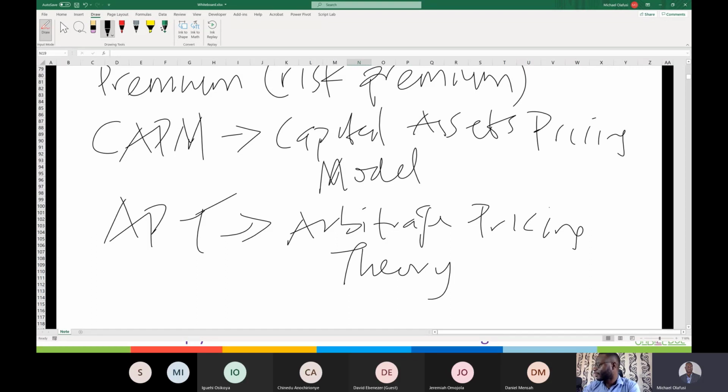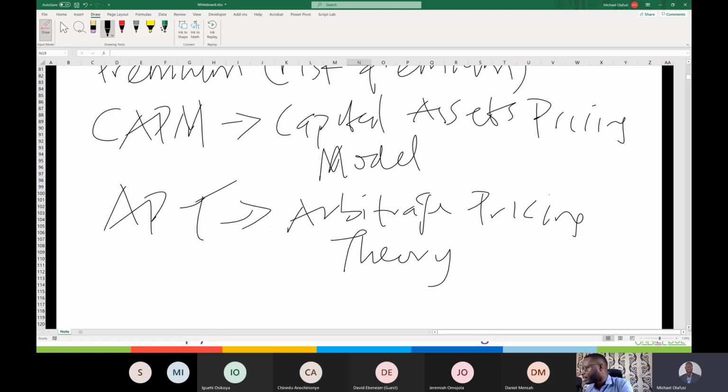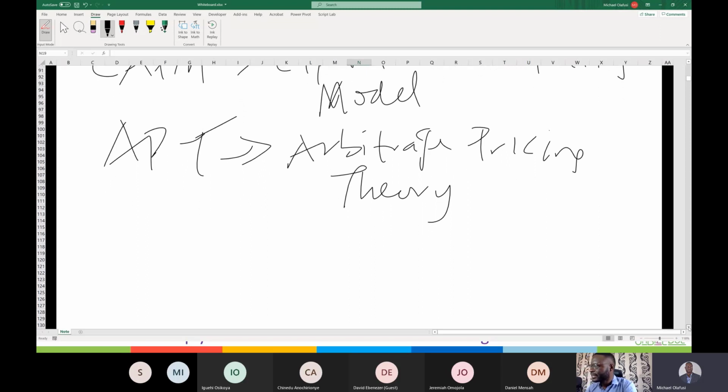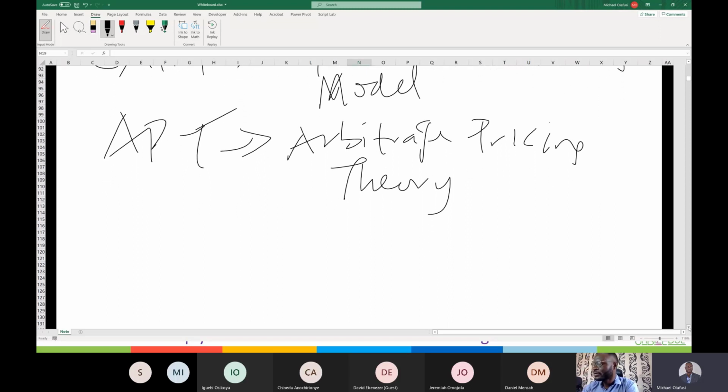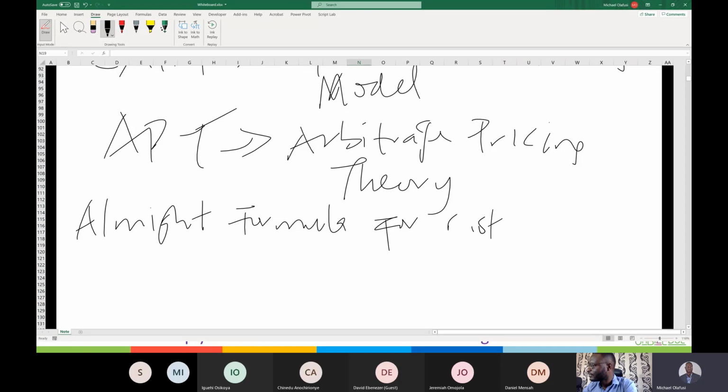There's Fama-French, there are a whole host, you know, of different approaches, but the thing is, they can all be encapsulated in this. So there is what we can call the almighty formula for risk premium.